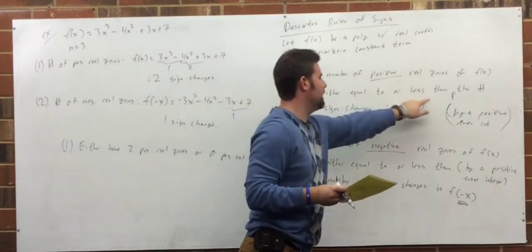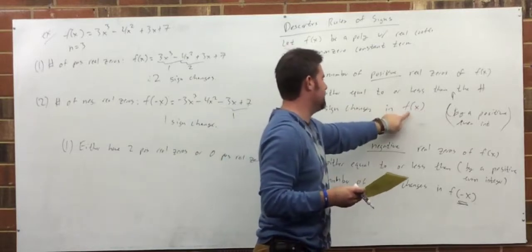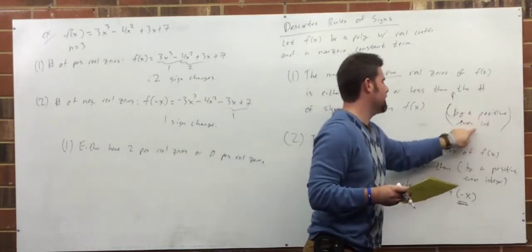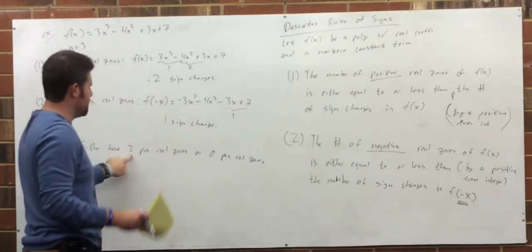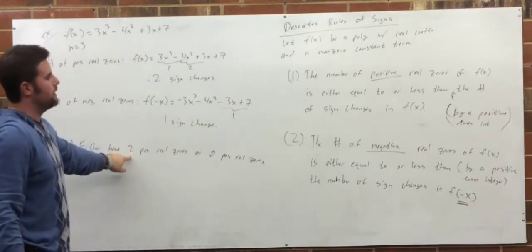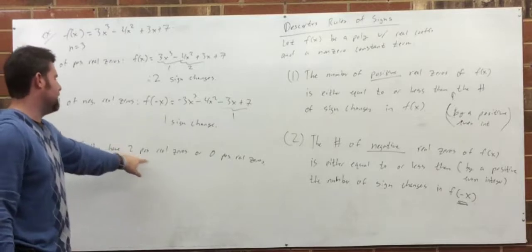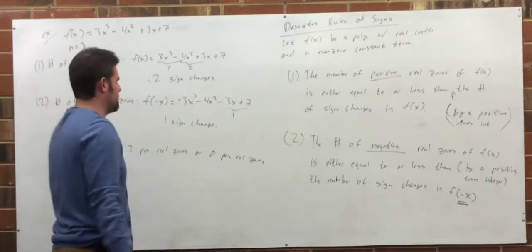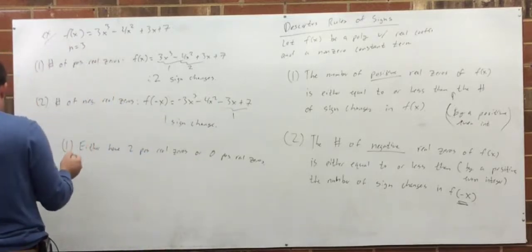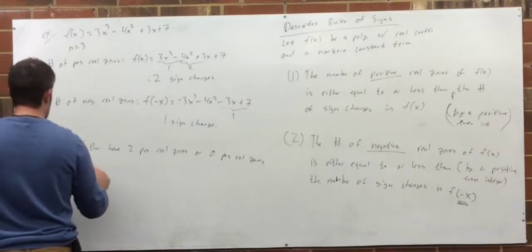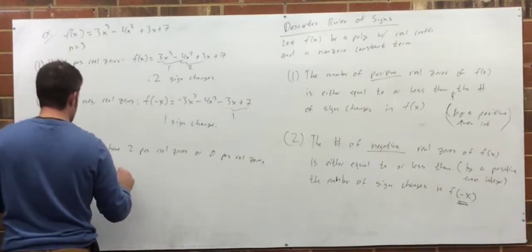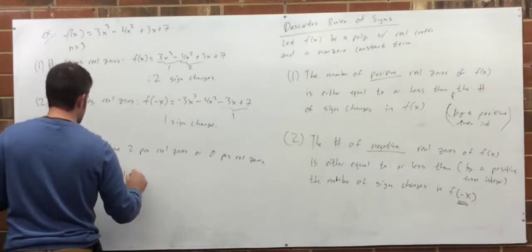It's either equal to or less than the number of sign changes in f of x, and it's less than by a positive even integer. Well, we had 2 sign changes, so it's either equal to 2 or less than that by a positive even integer. That only leaves one other option, 0. What does number 2 tell us? Number 2 tells us that we have exactly 1 negative real zero.